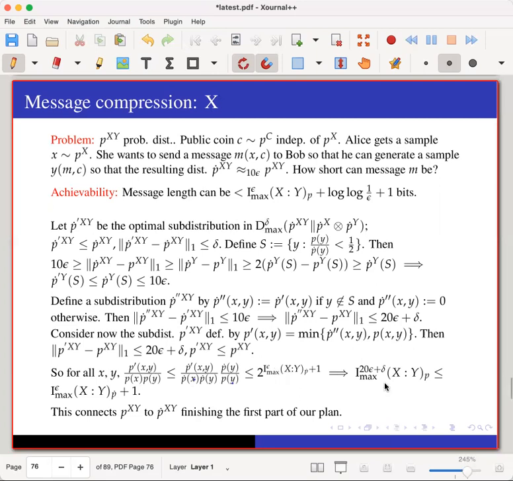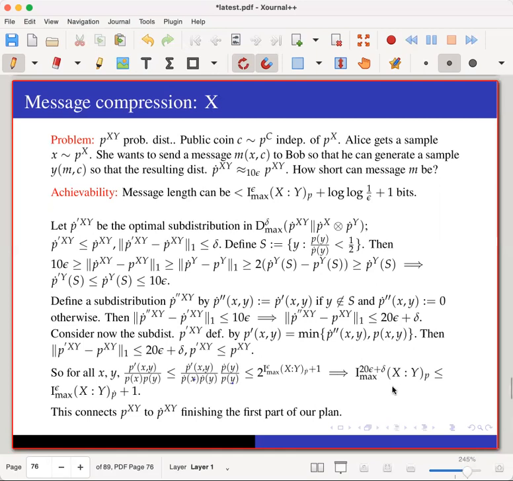Okay. So now what is this telling me? Look at what I've obtained. This is p prime of x comma y by the original px times original p. And remember, p prime is less than or equal to p pointwise, and p prime is close to p. So this p prime is a candidate for smoothing this quantity: the max mutual information between x and y for the original distribution p, and now the smoothing parameter is 2 epsilon plus.